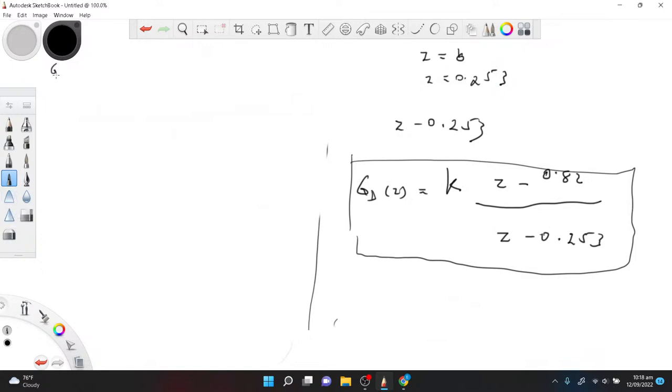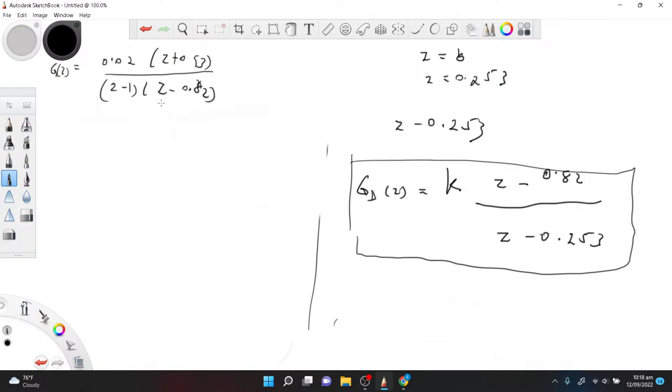Our GZ was 0.02 multiplied by Z plus 0.93 over Z minus 1 multiplied by Z minus 0.82. Right?